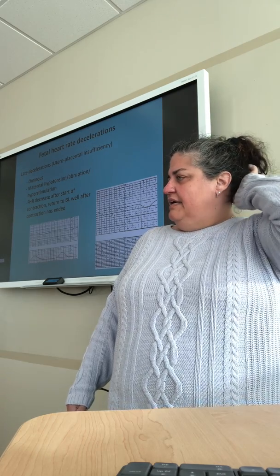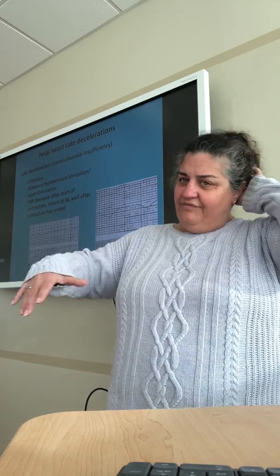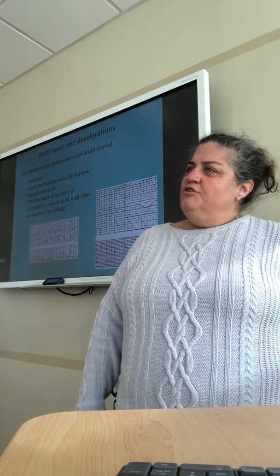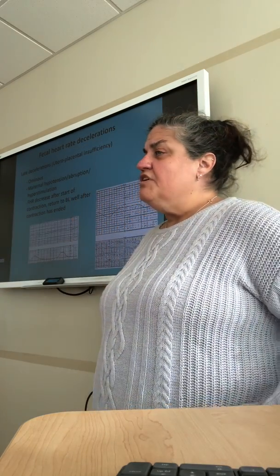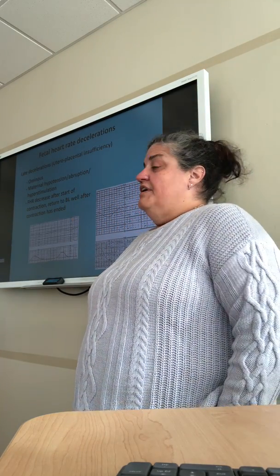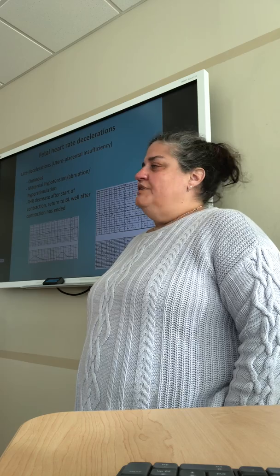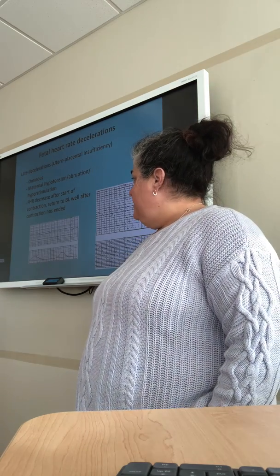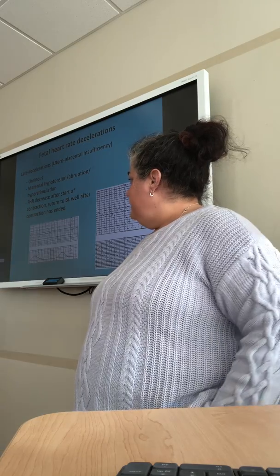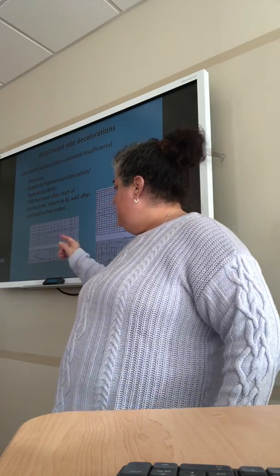But generally, we will start with left lateral because that has been shown to have the best blood flow to the uterus. We're going to stop the stress. We're going to stop the contractions. That's intrauterine resuscitation, and we will do that for a baby like this.